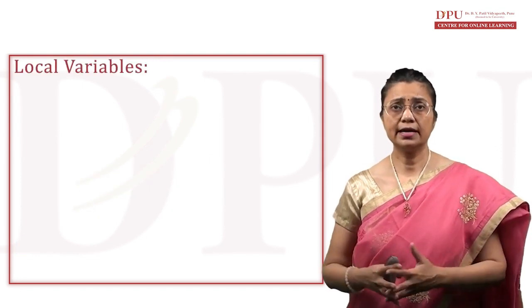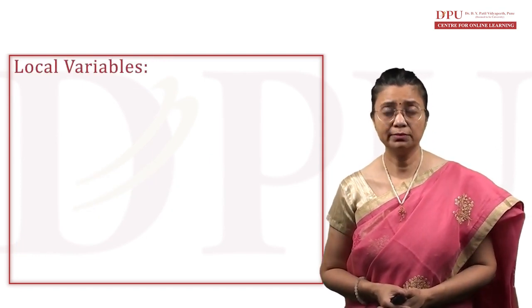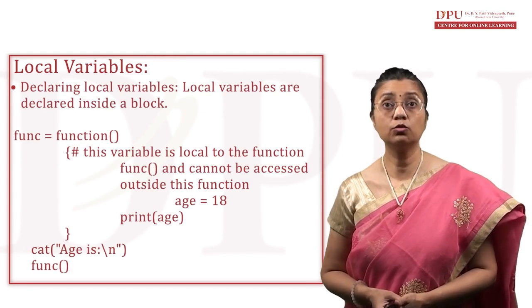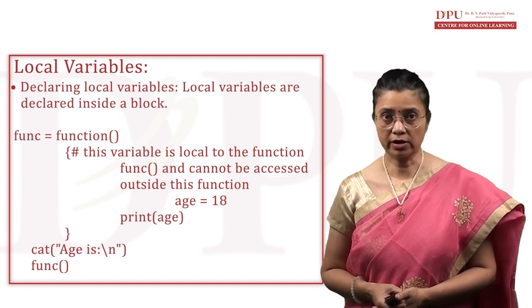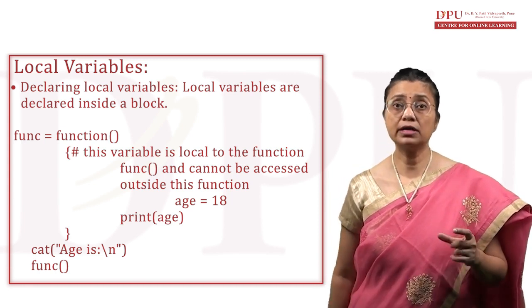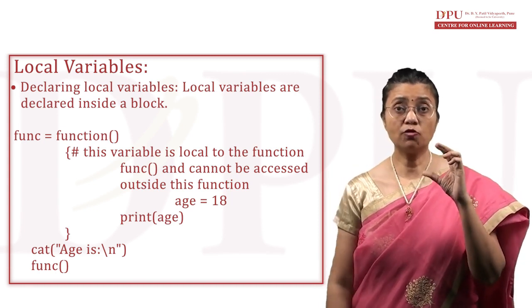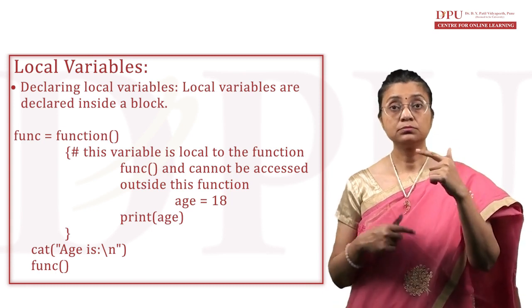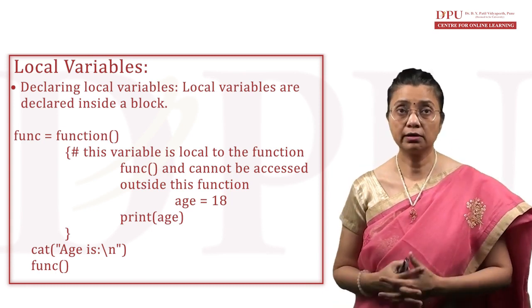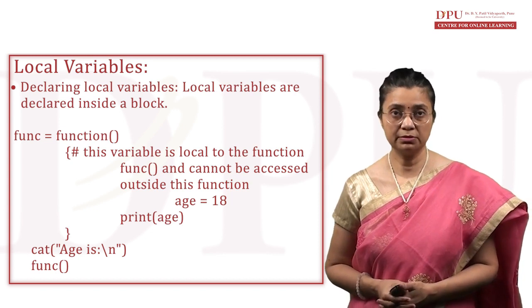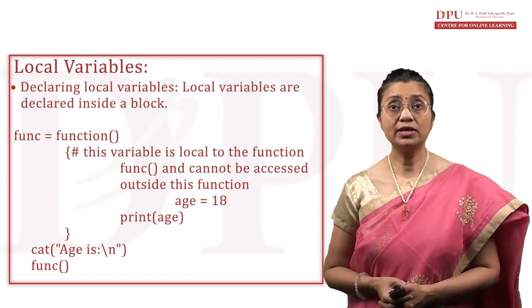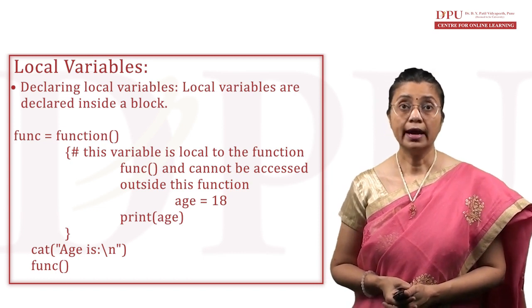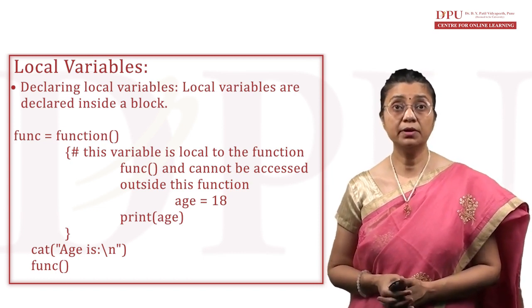Now let's take one example of a global variable and see how we declare a local variable. Local variables are mainly declared inside a block. What is a block? A block is a piece of code which is written within curly brackets. So here you can see func is my variable name which is equated to a function, and this variable is local to the function and cannot be accessed outside the main function.